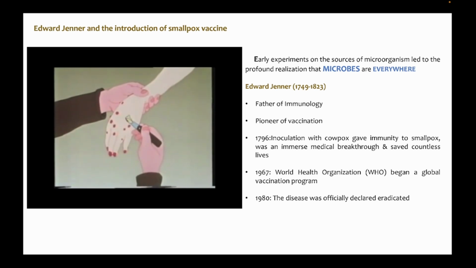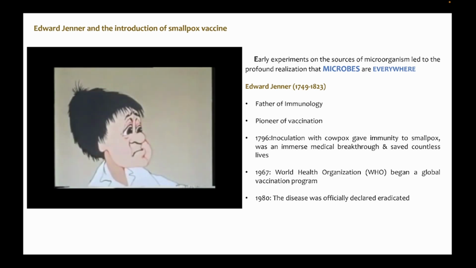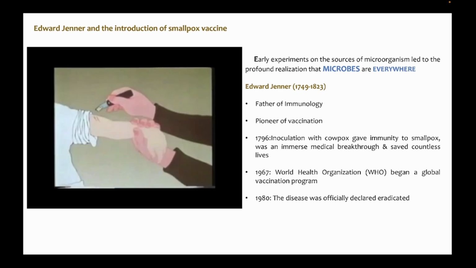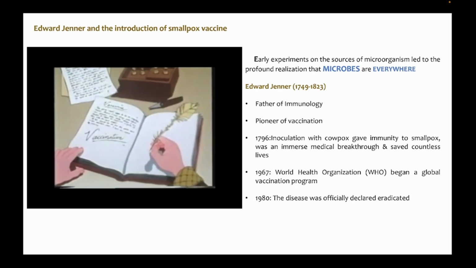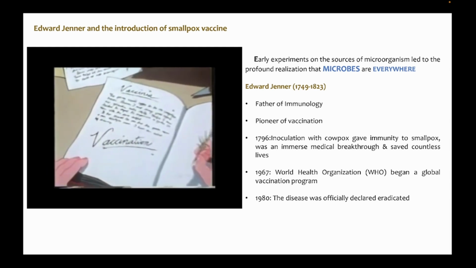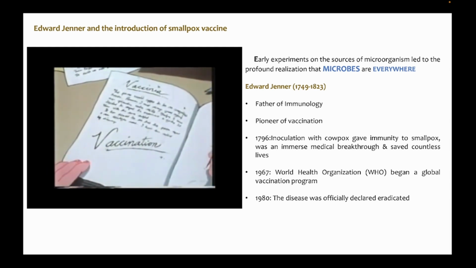Then he took some pus from Sarah's cowpox and rubbed it into 2 small scratches on the boy's arm. Cowpox was called vaccinia, so Jenner called his invention vaccination.